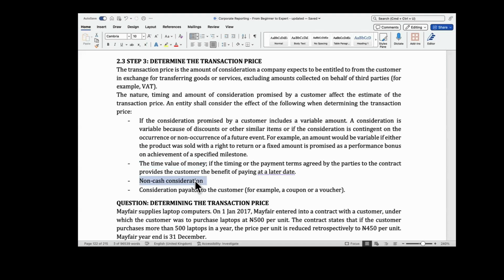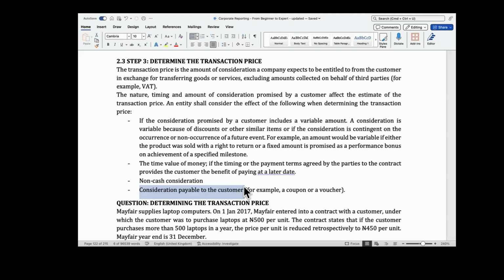And also, if you had promised the customer some amounts that will be payable to them, like you said that if they buy something from you, you give them a bag of rice, you give them RAM, you give them this and that. You need to consider that because you would remove all of that from your revenue, from the transaction price. So basically, that is transaction price.